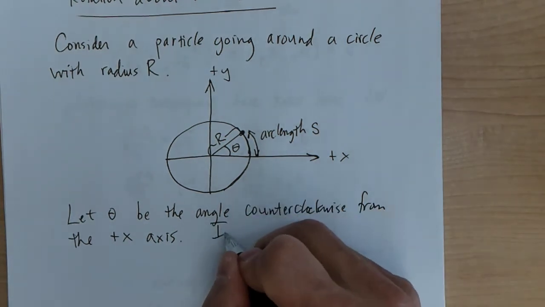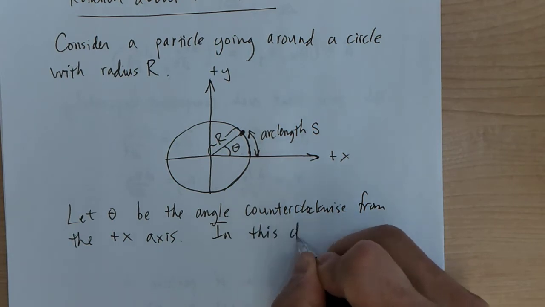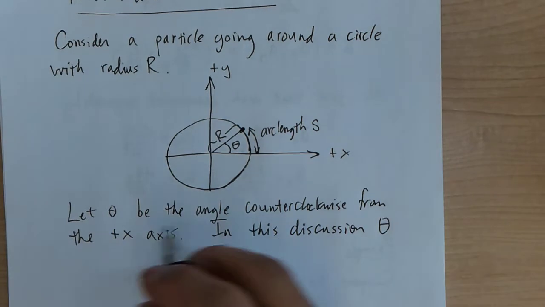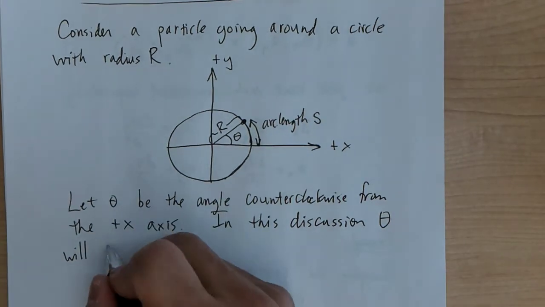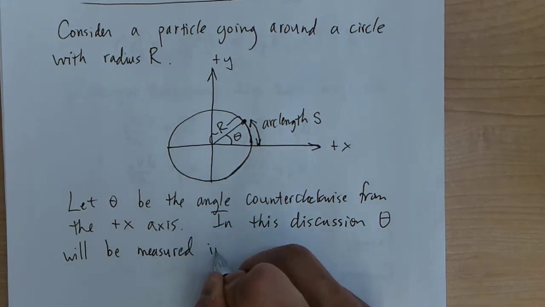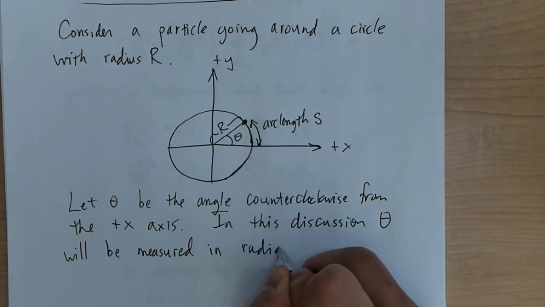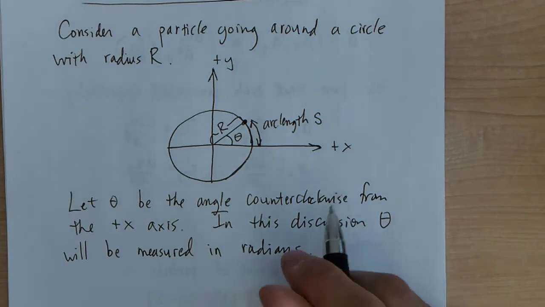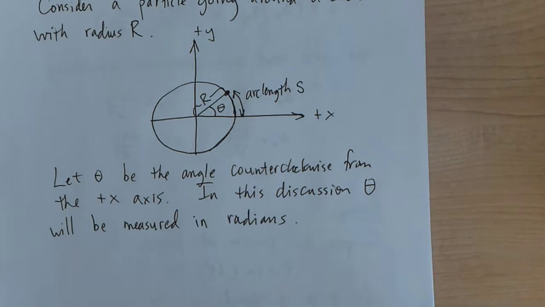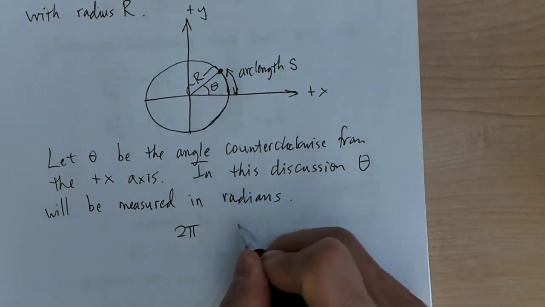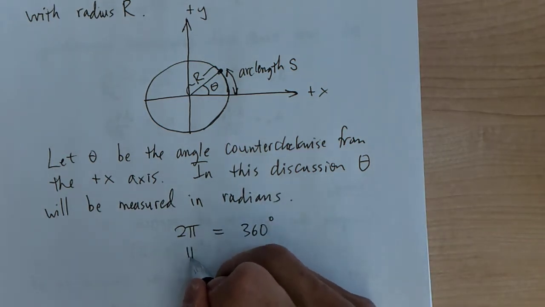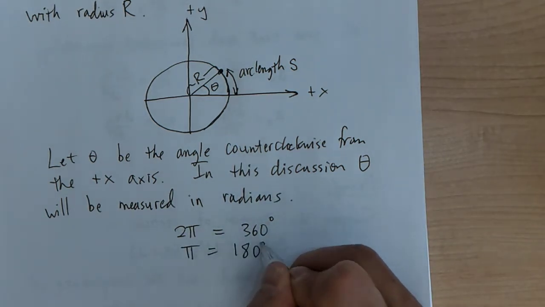So in this discussion, theta will be measured in radians. The reason is that radians is more useful for connecting the arc length to the angle than degrees. So remember, 2 pi radians is equal to 360 degrees, or pi radians is equal to 180 degrees.